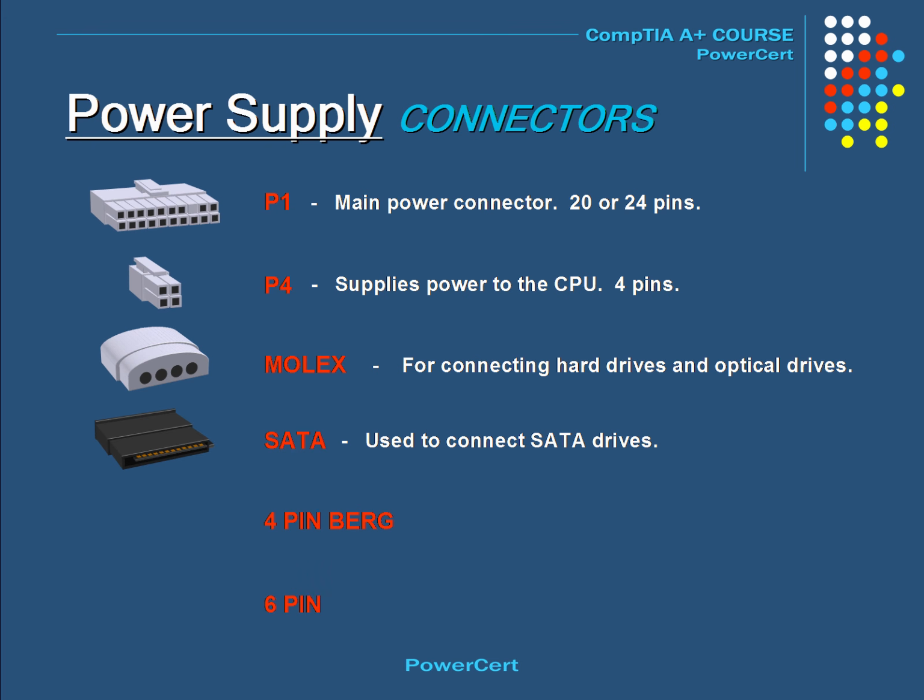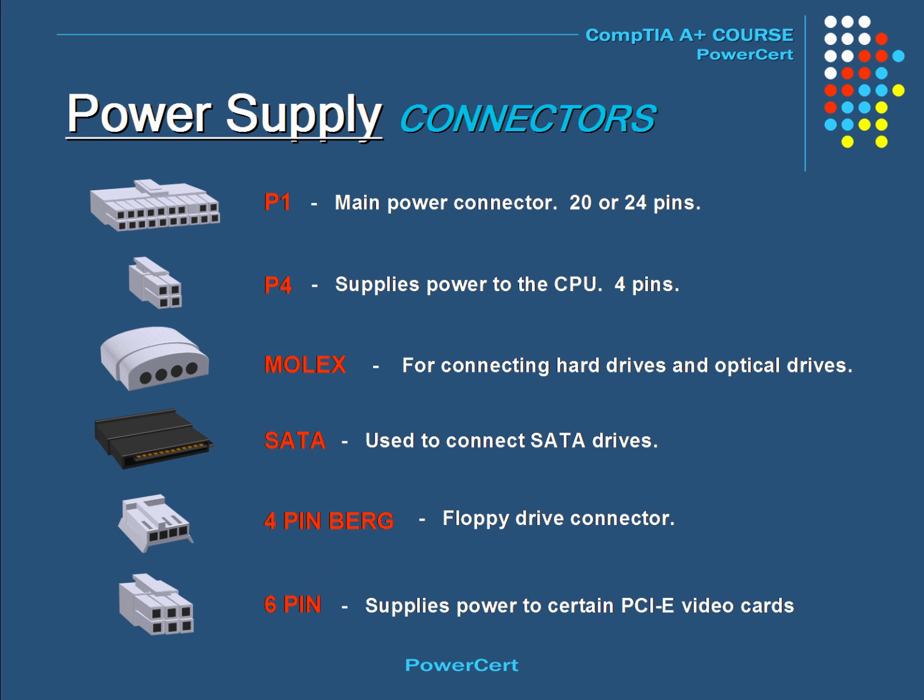Another connector is called the 4-pin Berg connector, or mini connector. This is a small connector that is used to supply power to the floppy drive. And finally, there is the 6-pin connector, and this is used to supply power to certain PCIe video cards.